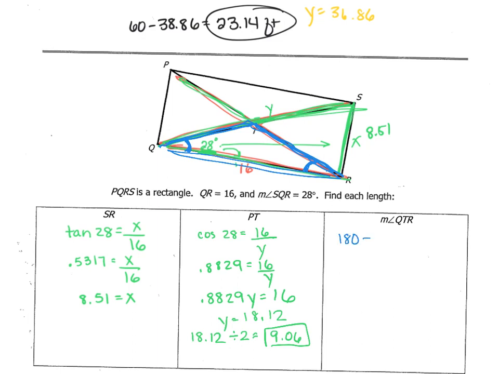So I'm going to take that 180 and subtract the 28 that I know for sure, in addition to the other angle that I know, which would be 28. So 180 minus 28 minus 28 is going to be 124. So the measure of angle QTR equals 124 degrees.